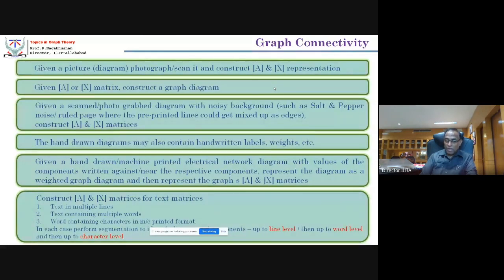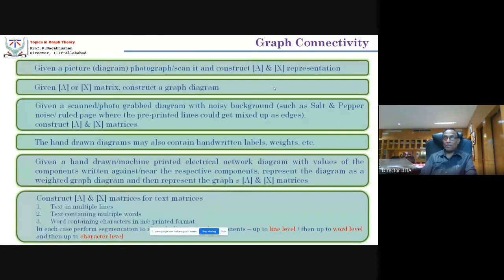And in multiple lines, every line must be a disconnected component. Further, in a page, every paragraph is disconnected from every other paragraph. So you should see that the importance of the graph is very much there in your layout analysis or in your text document analysis.